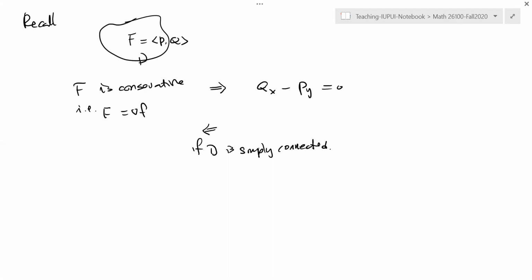For a conservative vector field, there are two different versions of the definition, depending on which ones are equivalent. F is conservative.